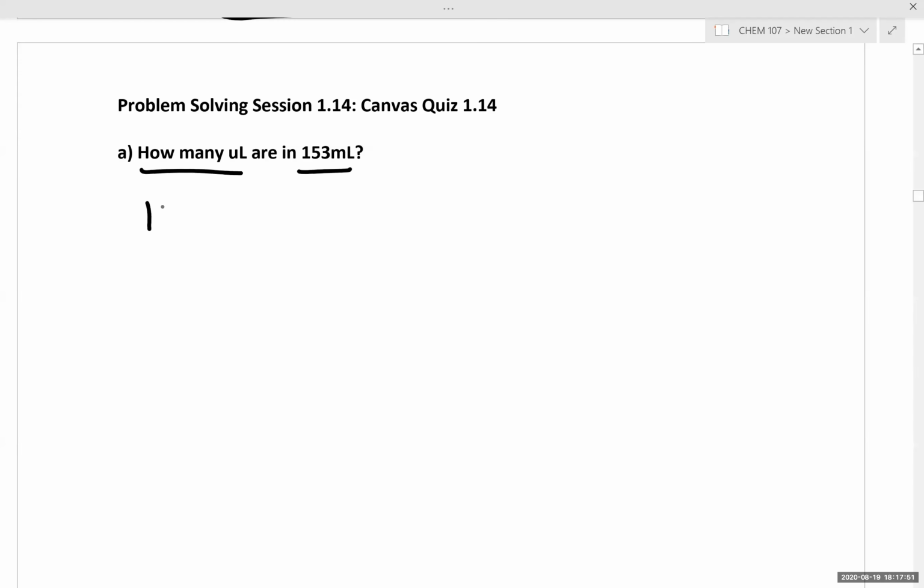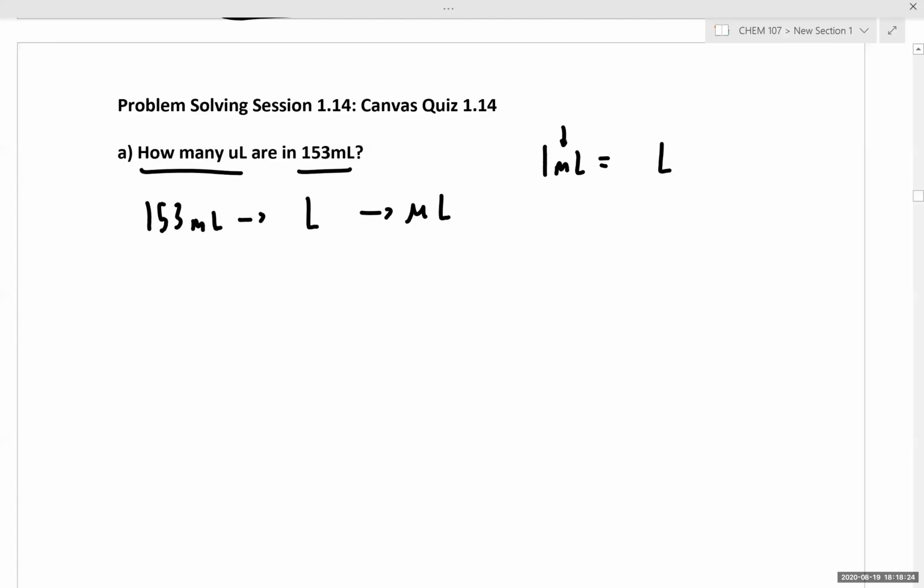So we're starting off with 153 milliliters, and we're trying to go to microliters. So what is our base unit? What base unit are we going to go through? Liters, okay? So now let's write out some equalities. We know 1 milliliter corresponds to how many liters?